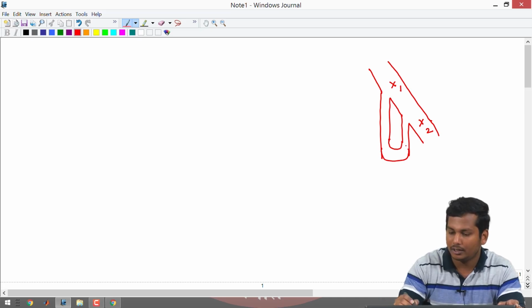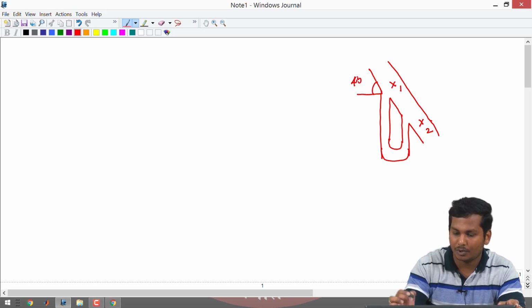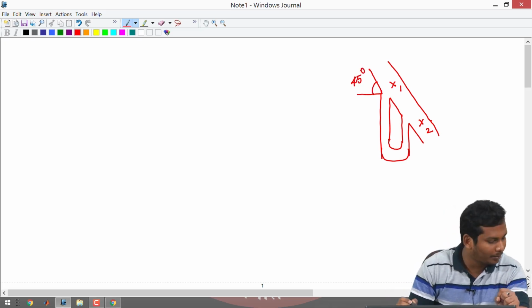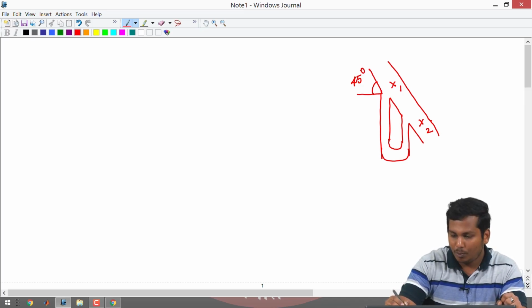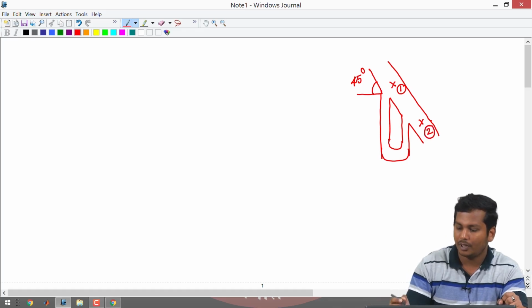Okay, and this angle is 45 degrees. So this is what is given in the problem, and we are supposed to calculate the pressure drop between point 1 and point 2.